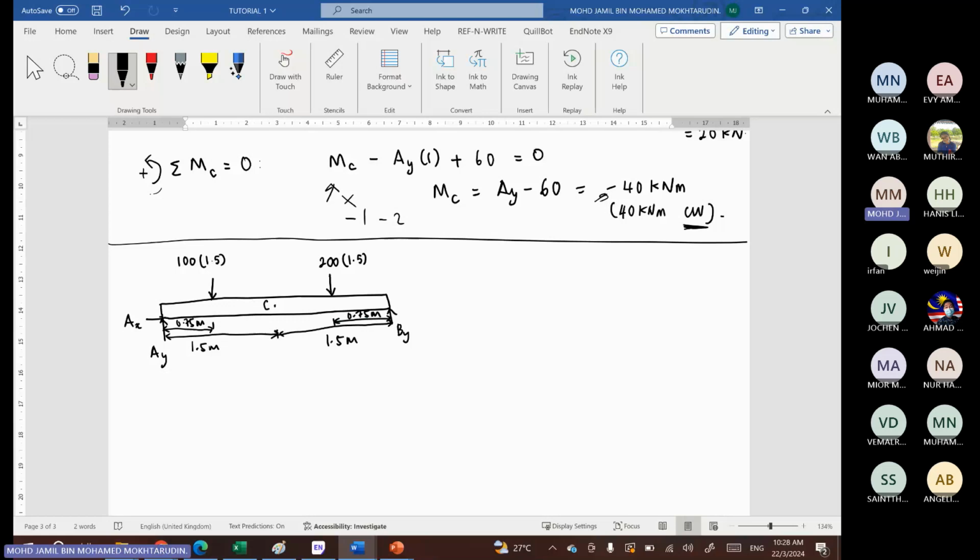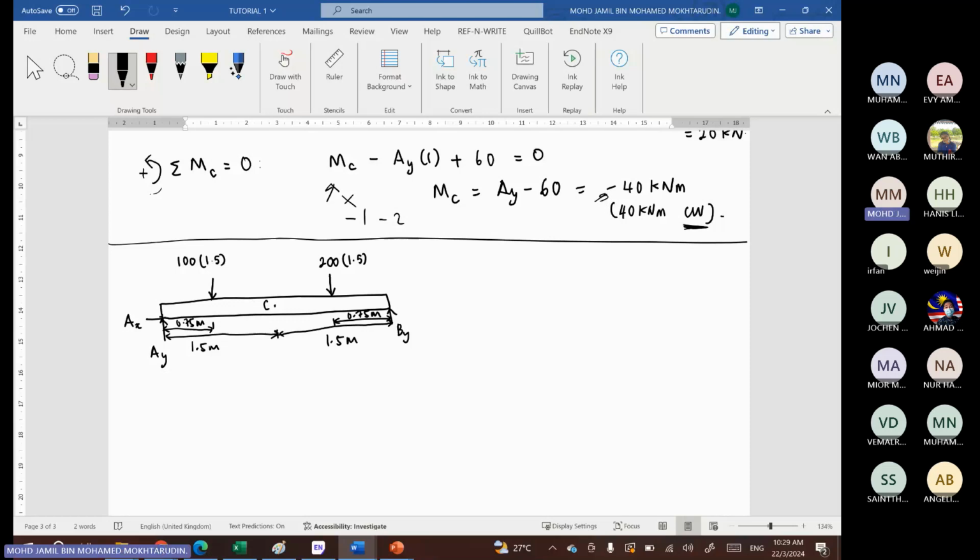Okay, so this is the free body diagram. You remove all of the supports from the diagram and replace them with forces. So that's the meaning of free body diagram. So after you draw this, then you can determine the values Ax, Ay, and By.